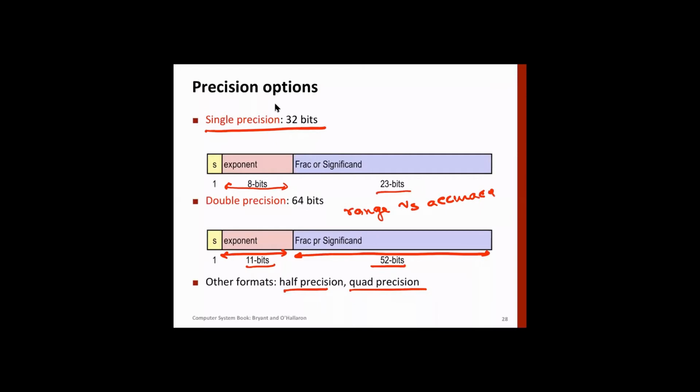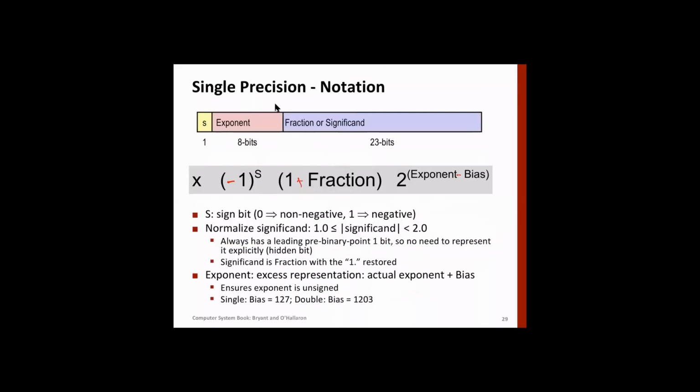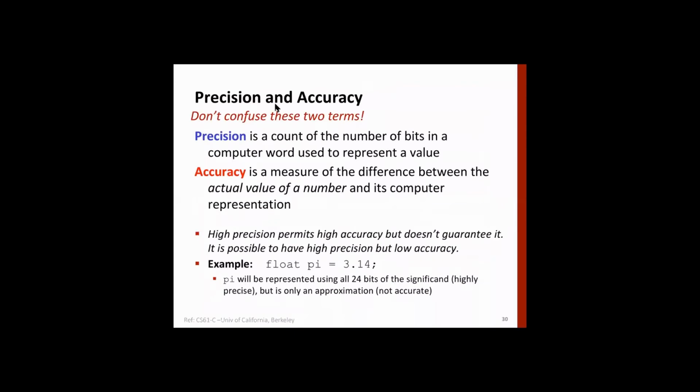More significant bits give you more accuracy. More exponent bits give you a higher number that you can represent. So you have to play between the two and then decide.